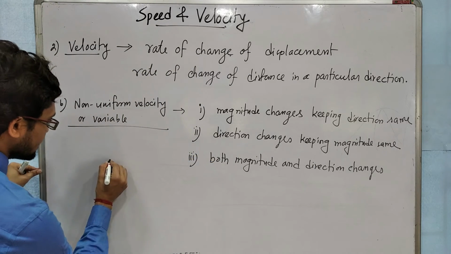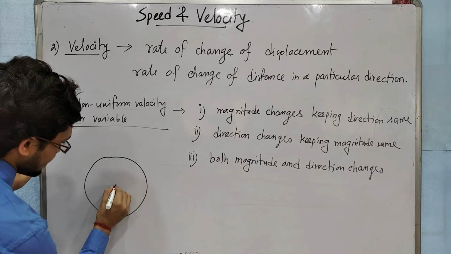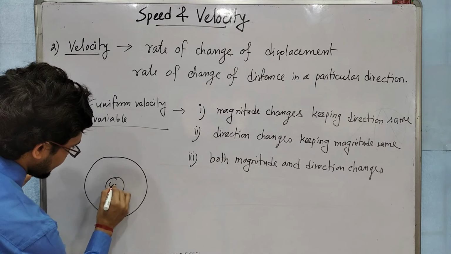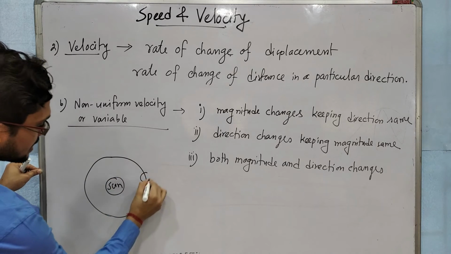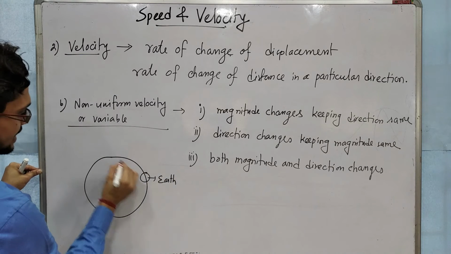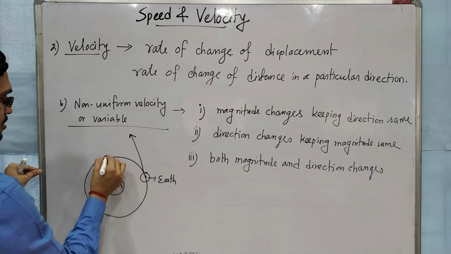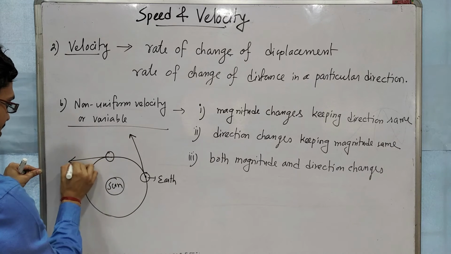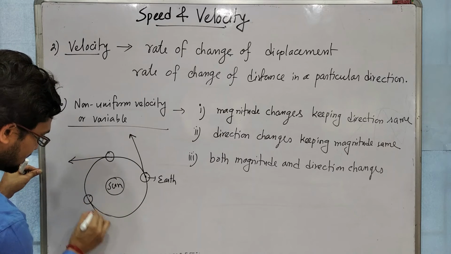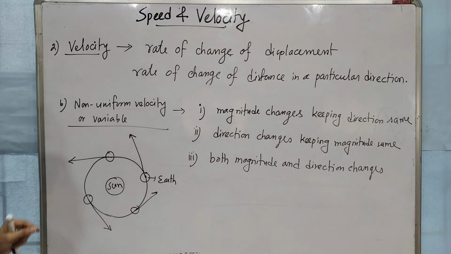Like one is, suppose the earth is rotating in a circular path around the sun, right? At any instant the tangent gives the direction of motion.